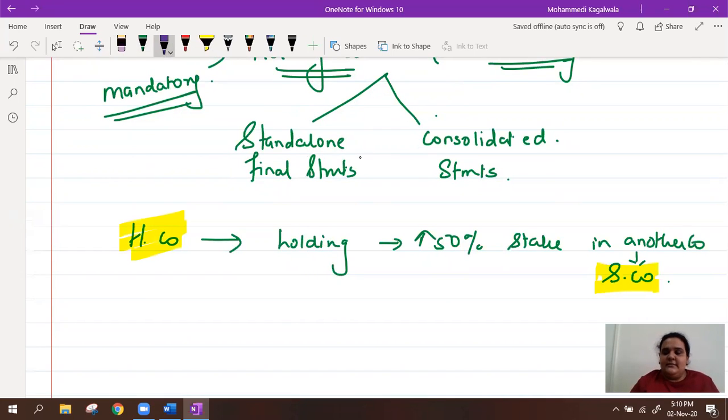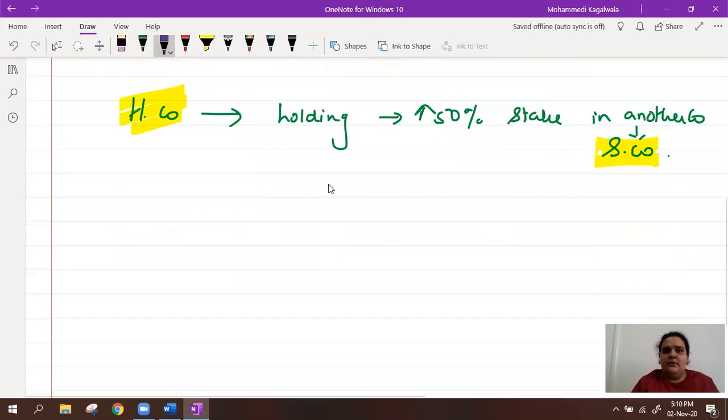Now, one interesting example we'll take. How did they become holding and subsidiary? The holding company has basically done investment in the subsidiary company.